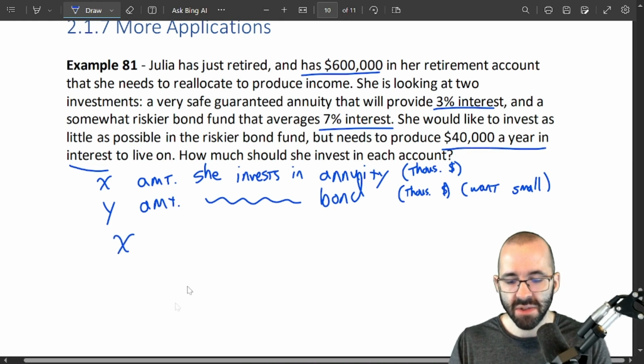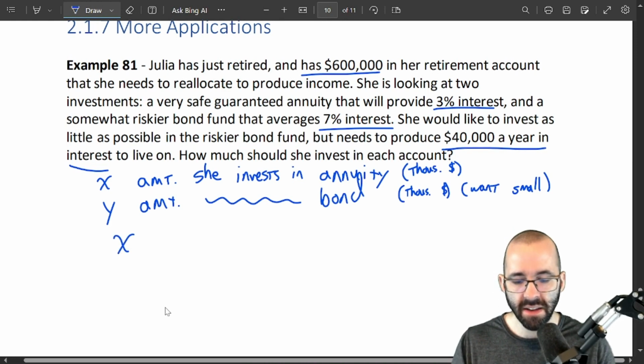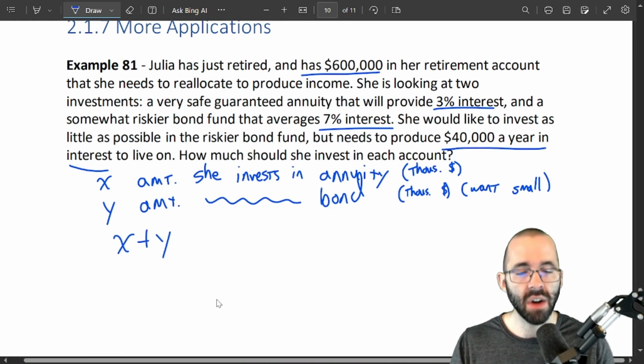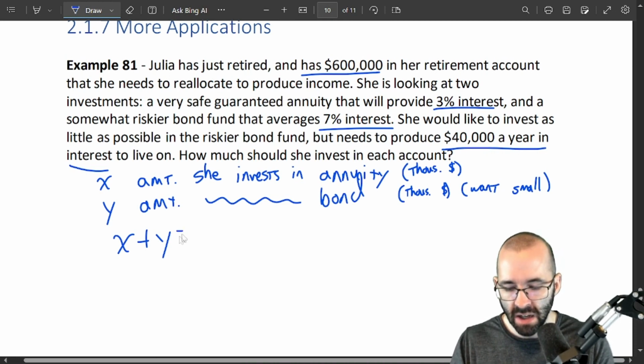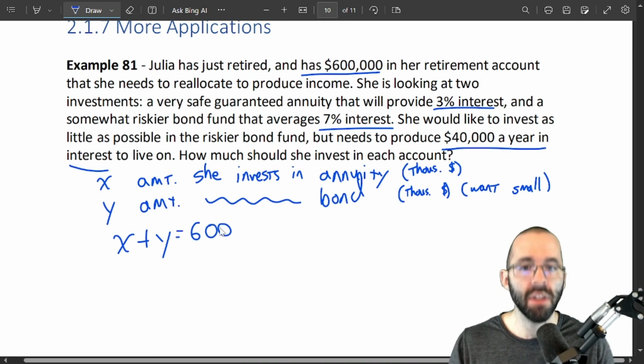So we have X $1,000 invested in the annuity. We have Y $1,000 invested in the other one, and that should equal $600,000. That's an equation, and that's true. X $1,000 plus Y $1,000 needs to equal $600,000.